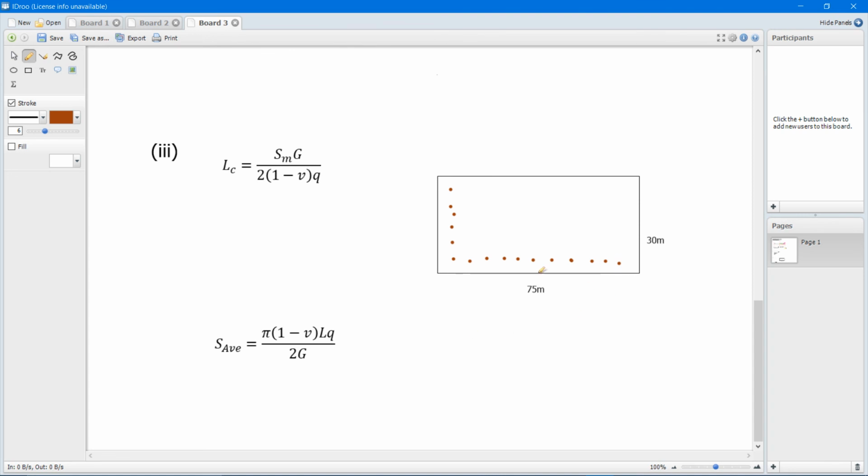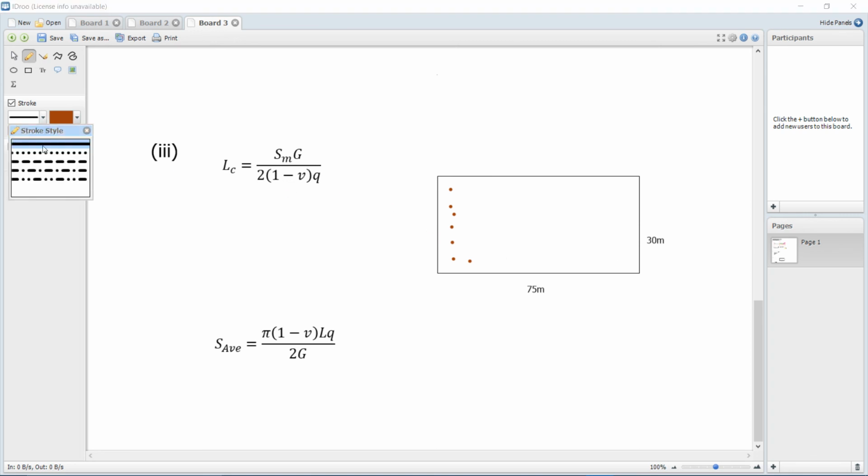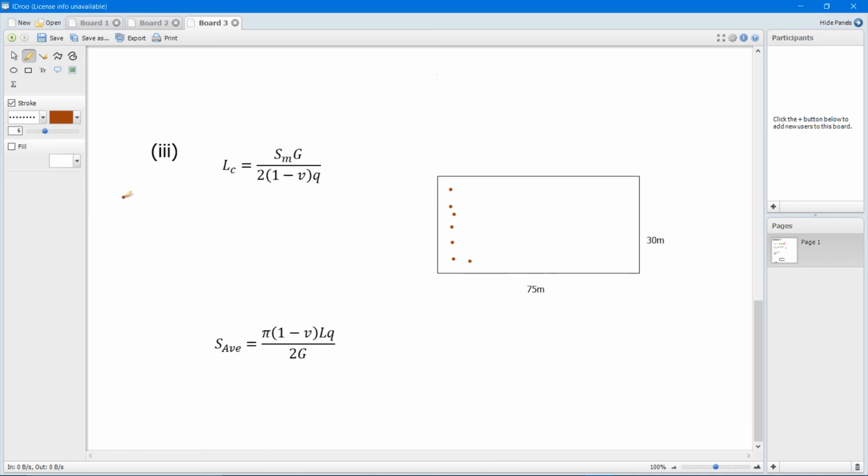Sorry, they're not straight. Rather, let's use the dotted line, which seems to be a better way to depict these. We also have poles like that. So we've also got poles which were lined like that. And then another row in the panel.